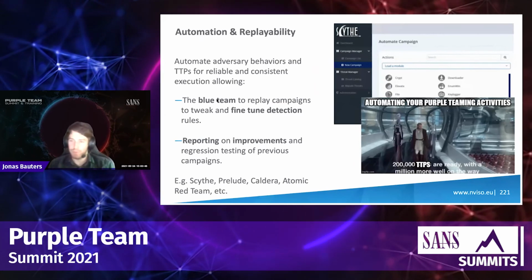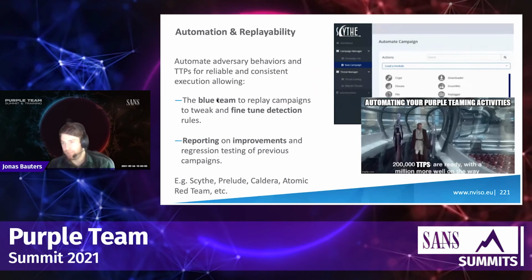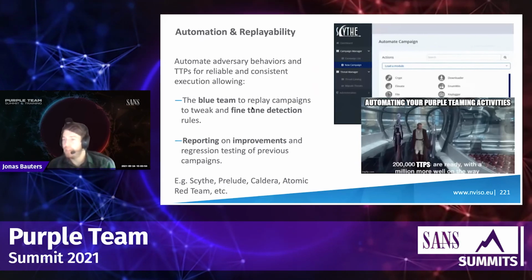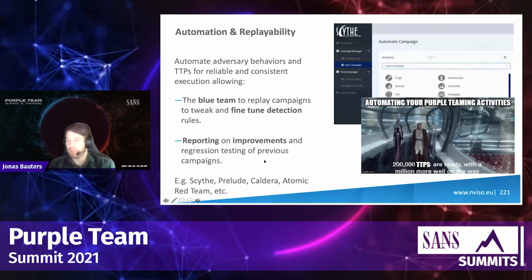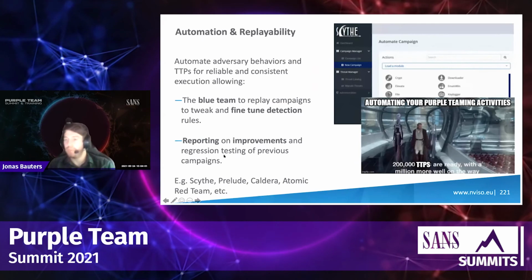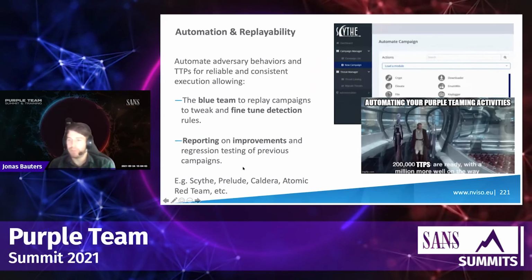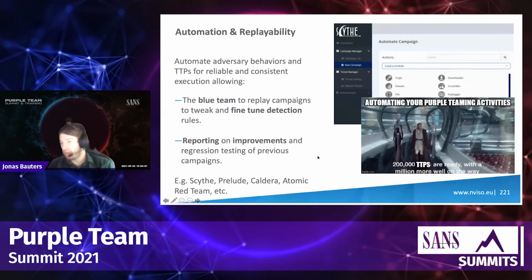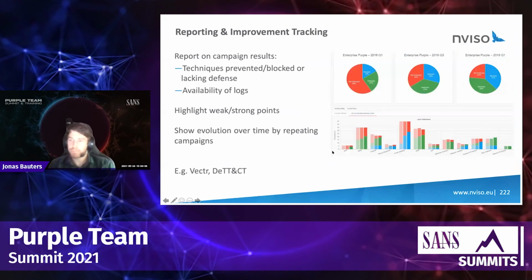So this allows the blue team to replay those campaigns and fine-tune their detection rules whenever fits on their side. And then when we come back, we can report on improvements with these same replay packages. So some other examples of tools include Prelude, Caldera, Atomic Red Team, whatever floats your boat.